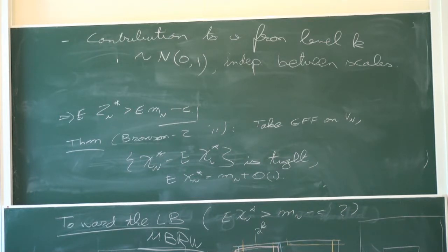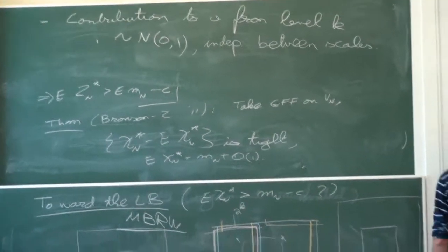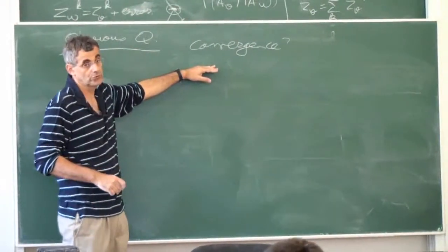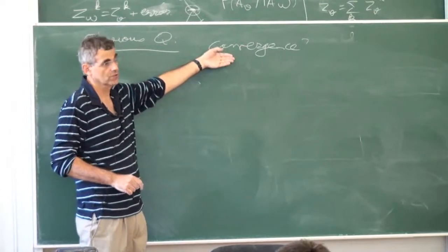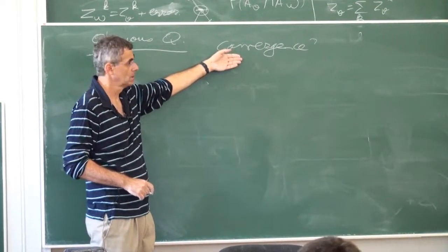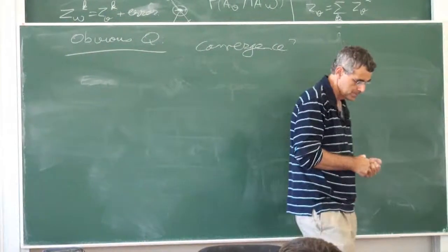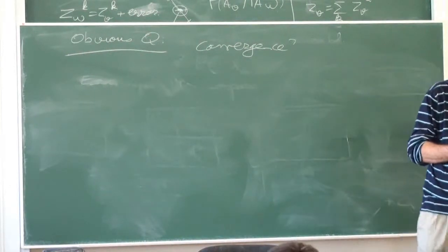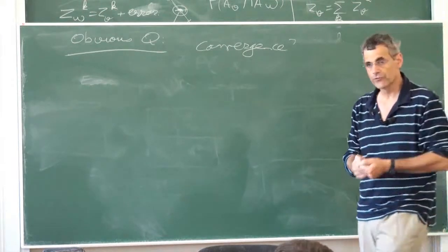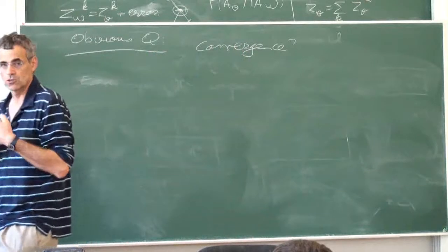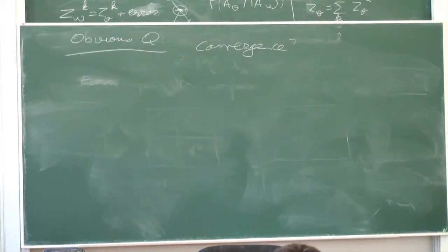So an easier question, maybe still with convergence. For branching random walk, I told you that there is a limit law, and the essential element of the proof is to obtain very sharp tail estimates on the distribution of the maximum.